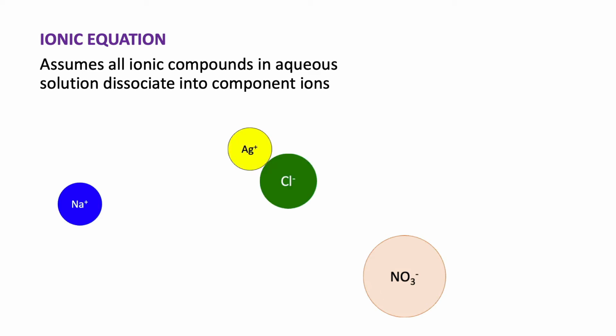And then the silver chloride comes together. Now, what happens to our sodium nitrate? Remember, it stays aqueous, if you remember our original molecular equation, which means it's still dissociated at the end of the reaction. Only the silver chloride, which is solid, remains as a unit.